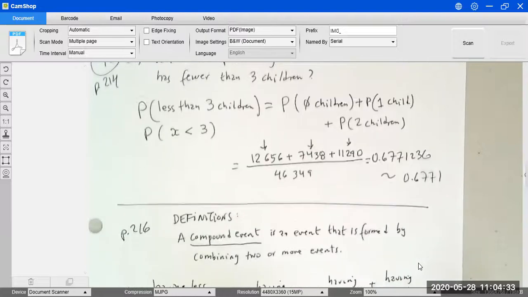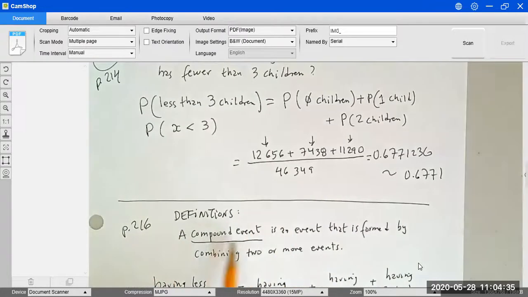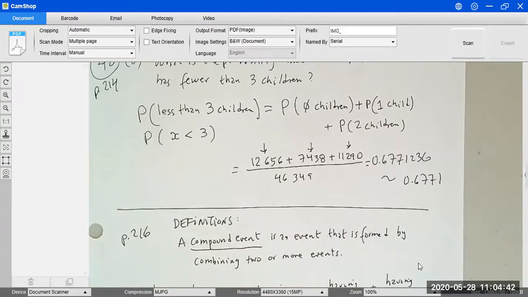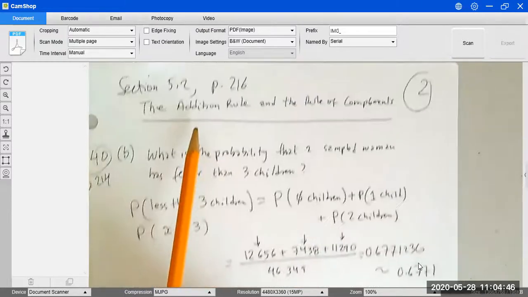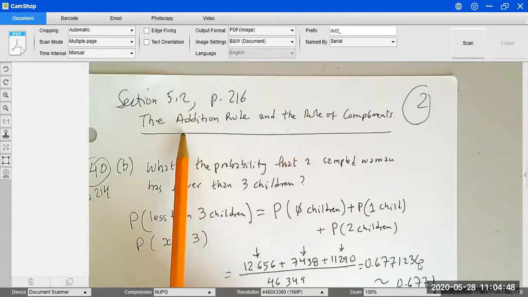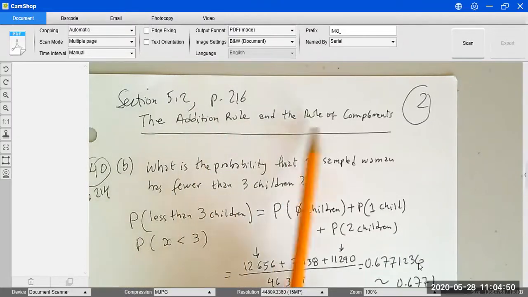I'm writing here for you the definition: a compound event is an event that is formed by combining two or more events. This is part of section 5.2, on page 216, and it's about the addition rule. If you solved this problem the last time, you knew that you needed to add three frequencies. We are adding probabilities.